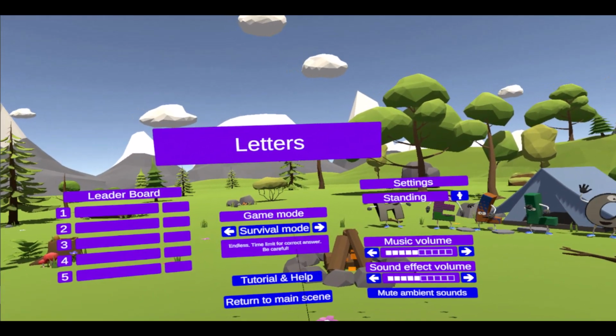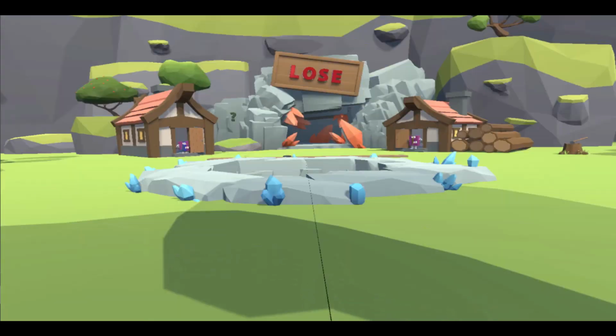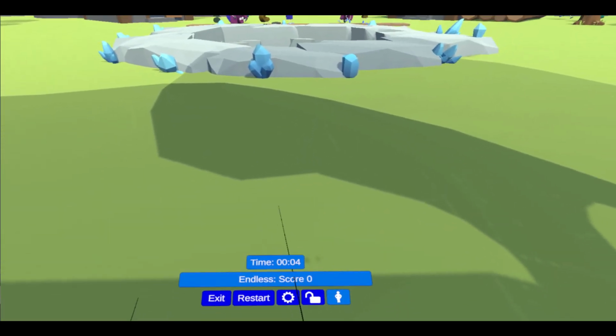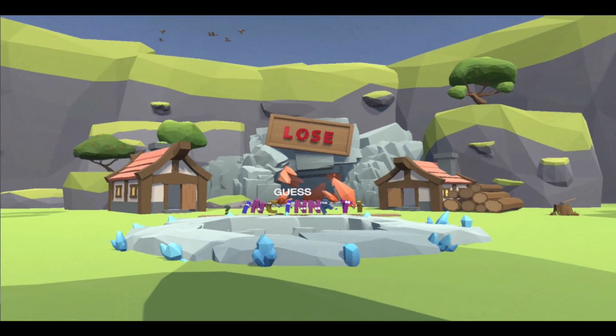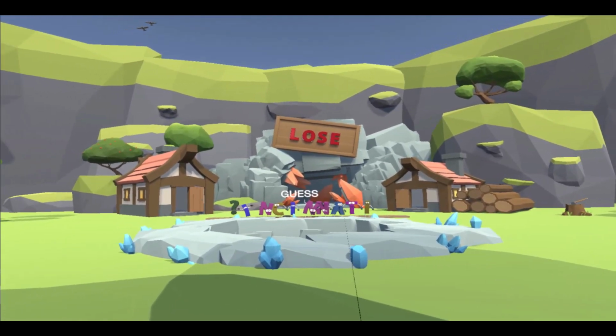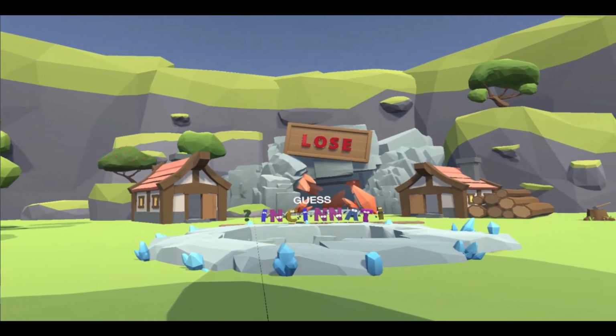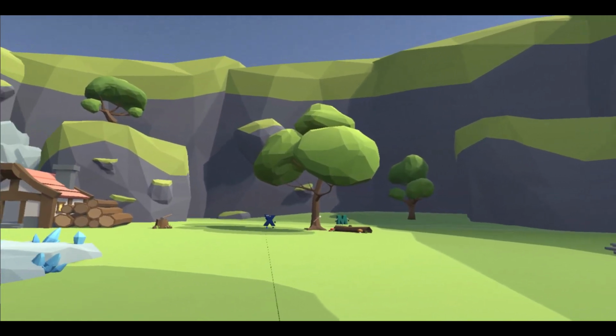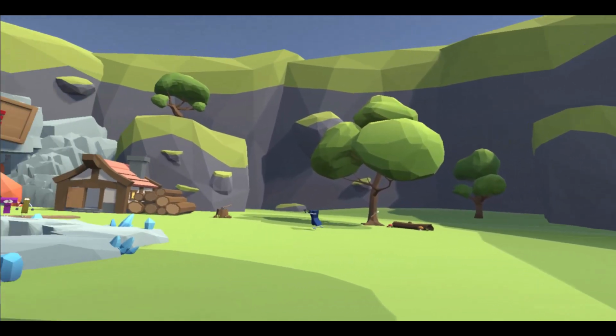And the last one here then is survival mode. So again, it's similar to survival mode in the last game, in that you can't get it wrong. So it's endless. There's no skipping. There's no score type things, and you have to basically get it right. So I'm just going to grab a random letter here.